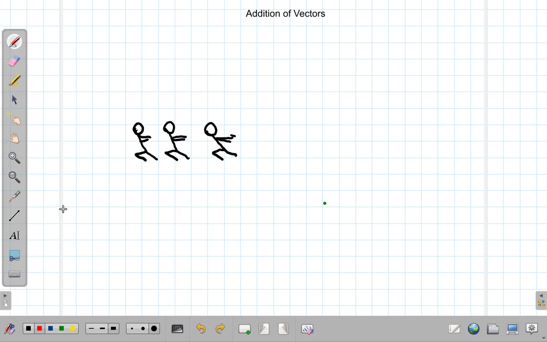Let me draw my rope using a straight line, pulling this rope. And then you have 3 persons on the opposing team pulling the rope in the opposite direction. Alright?